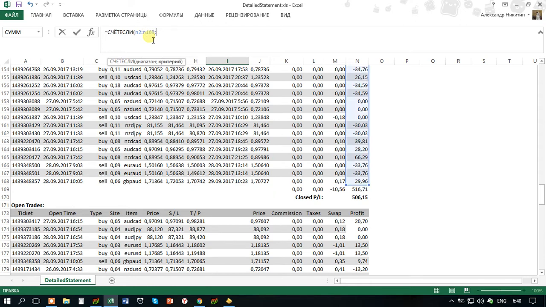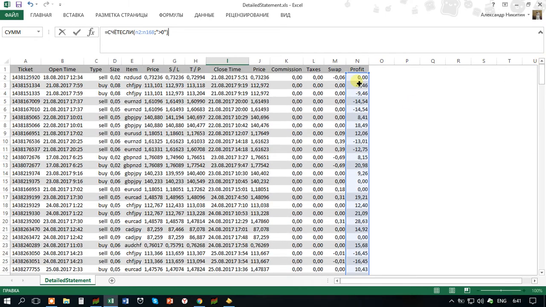Then I get the semicolon, then I open quotation marks, more than 0, close the quotation marks, and close the brackets. What this formula means is: count if within this range more than 0, and it will return the number of trades that are more than 0 within this range.